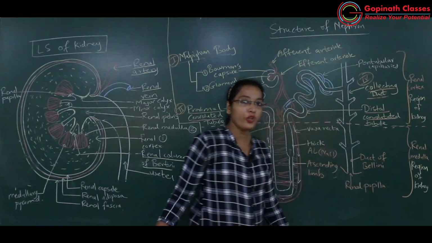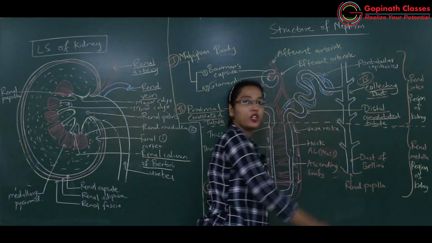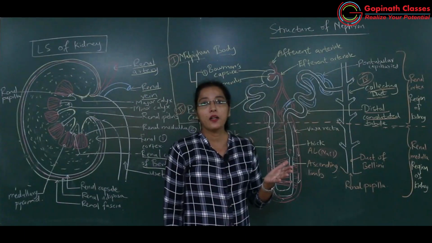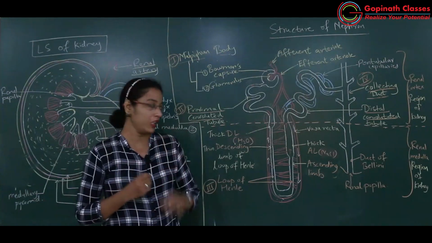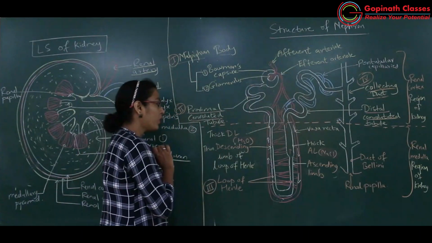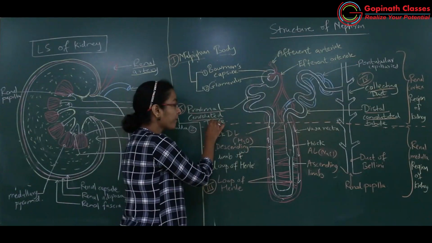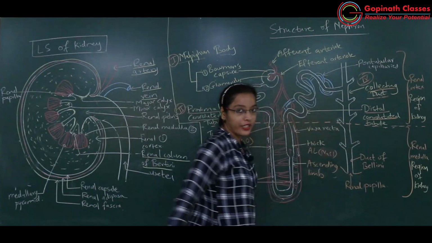Why convoluted? Because again it is a coiled tubular part. So tell me how many parts are there in the renal tubule of the nephron? Three: proximal convoluted tubule, loop of Henle and distal convoluted tubule.